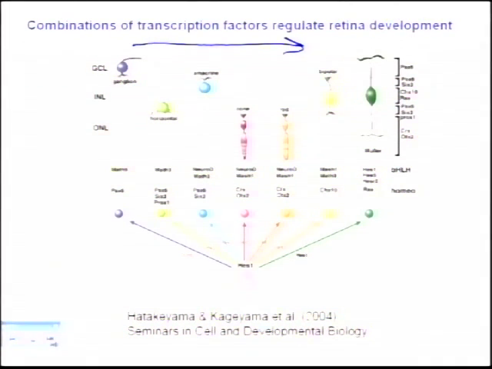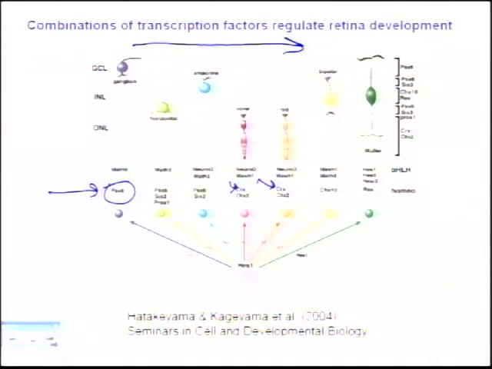There are homeobox transcription factors. A very famous one is PAX6, which is eyeless in Drosophila. We'll talk a little bit about PAX6, but not so much. Homeobox transcription factors are very important for the development of all the different cell types. PAX6 is used often, and so is another homeobox factor called CRX, used for many different kinds of cell types.